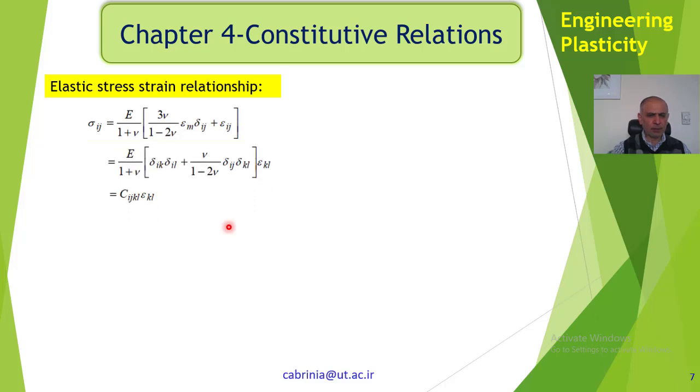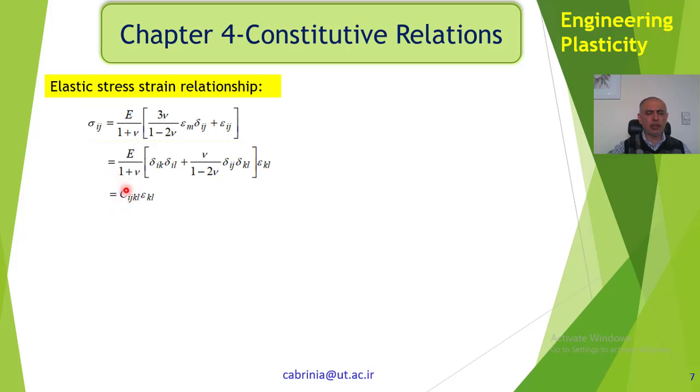And similarly, sigma_ij could be written in terms of epsilon_m and epsilon_ij, and this is a constant called C_ijkl times epsilon_kl. So that is Hooke's law: sigma_ij equal to E times epsilon. Here we have written E in a more general form.